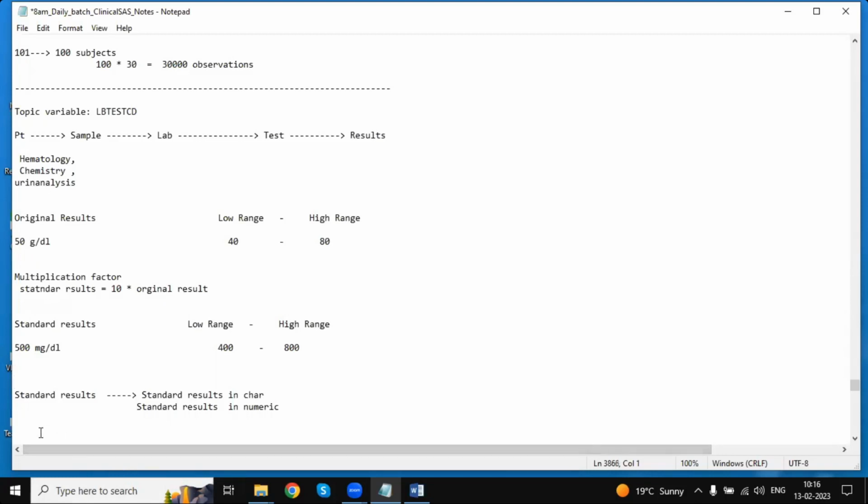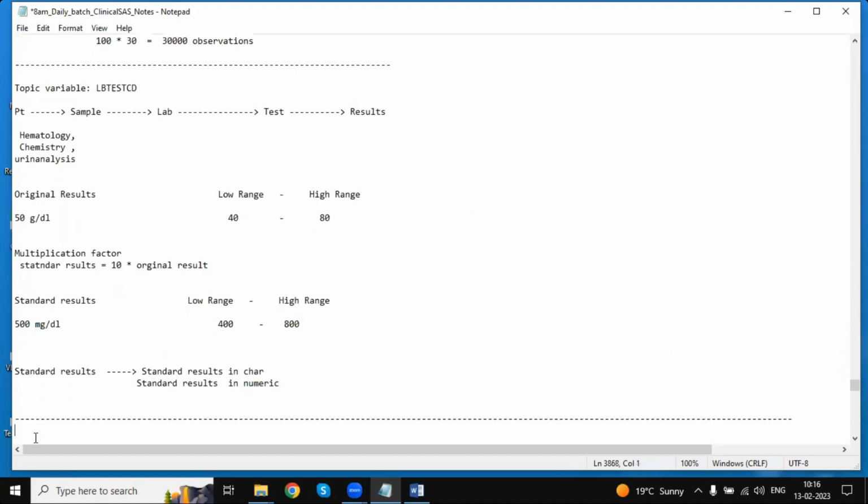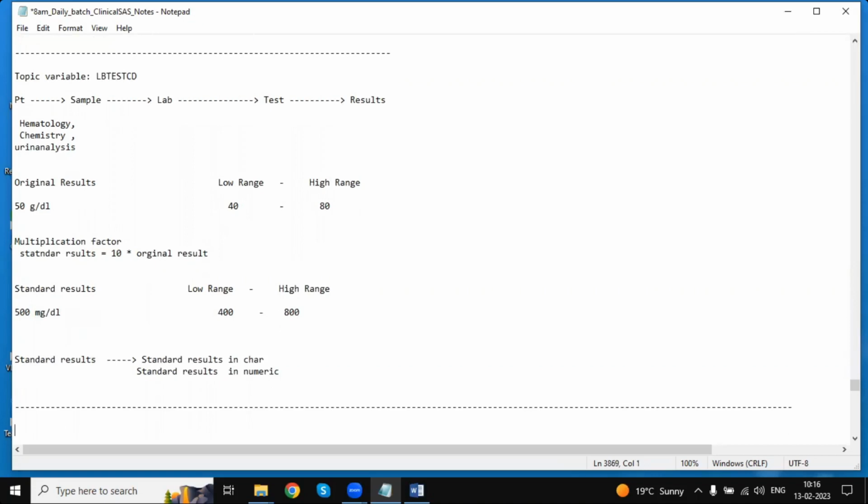These are the variables mainly you can see in the LB domain: laboratory original results, original units, original results lower limit, original results higher limit. Again, standard results in character and numeric data type, standard units, standard results lower limit, standard results higher limit.